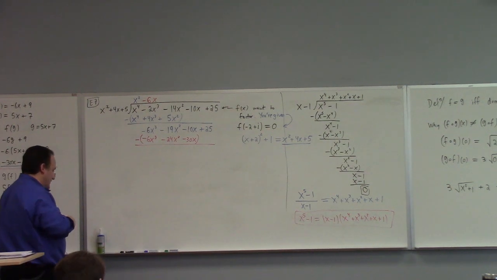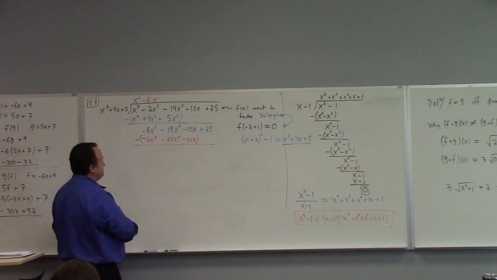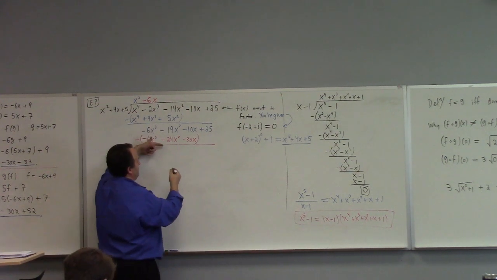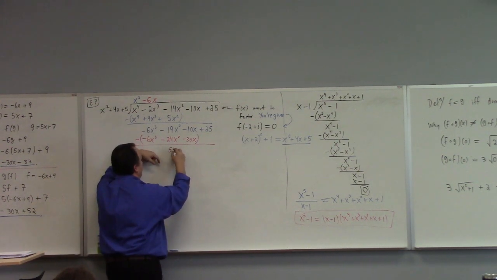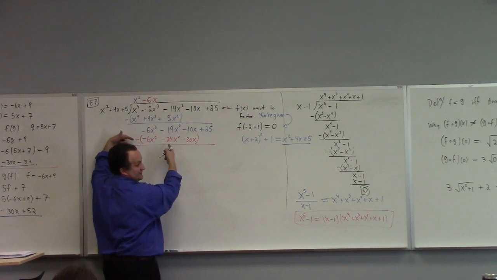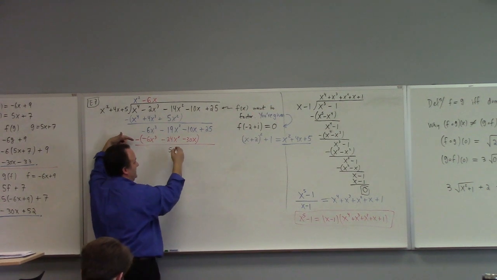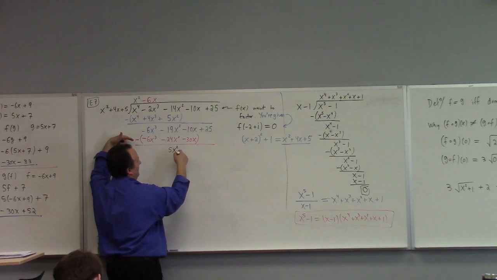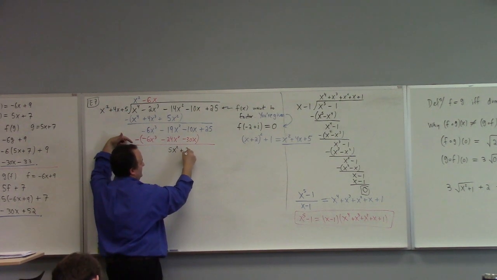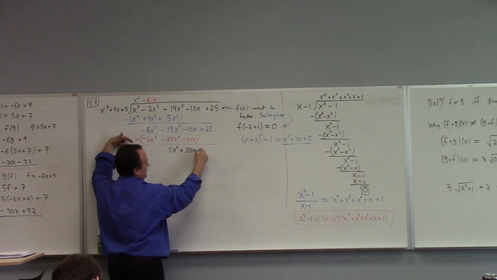So of course the minus 6x cancel, right? And then this time plus 5x squared, because minus a minus gives me 24 minus 19. So 5x squared plus 20x plus 25.